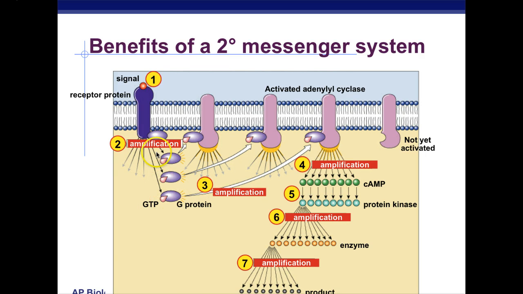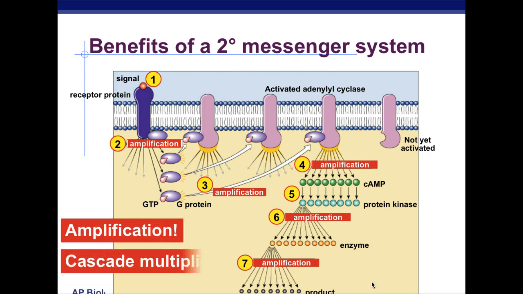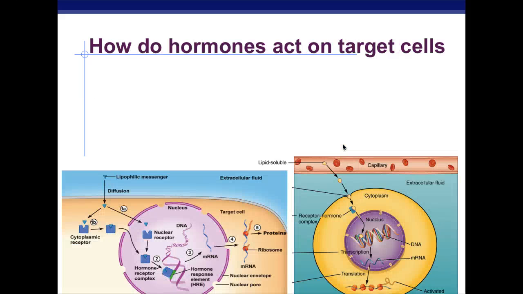So what's happening here is one protein actually activates a series of proteins, which activates another series of proteins, which activates another series, so on and so forth, so that we get a big amplification of the signal. And we call this a cascade multiplier. Cascade meaning an activation of a series of events. And this will help lead to a faster response by the cell.